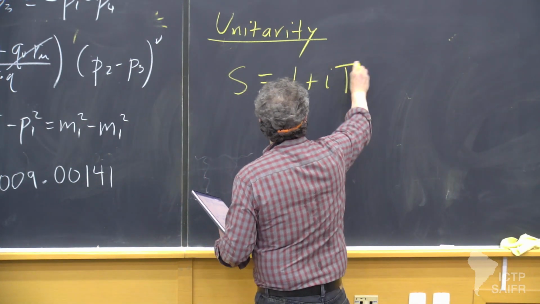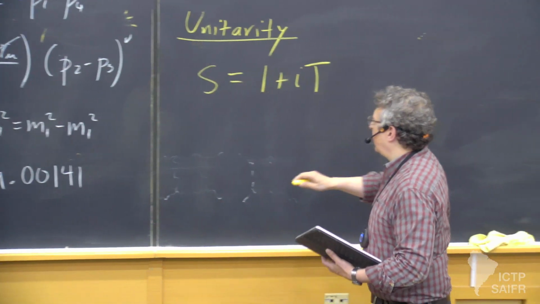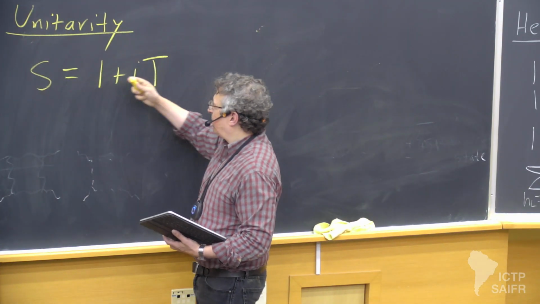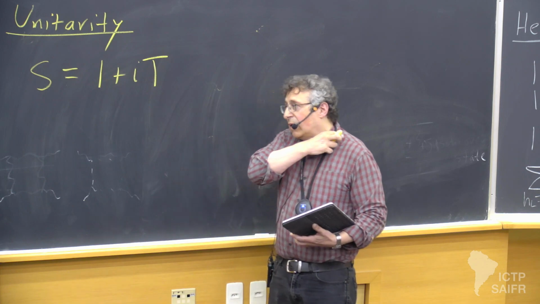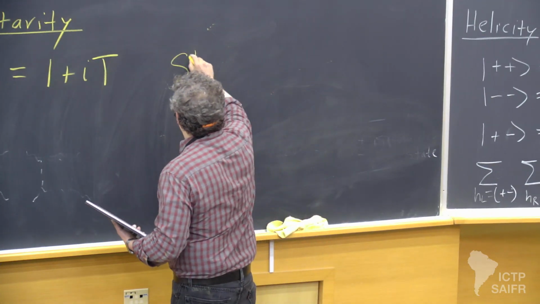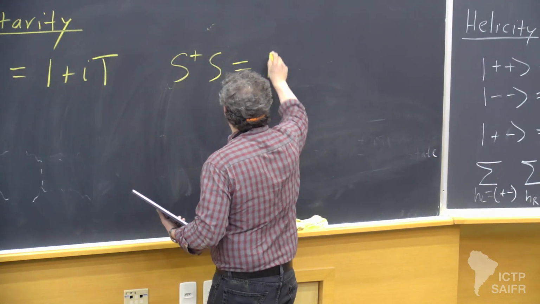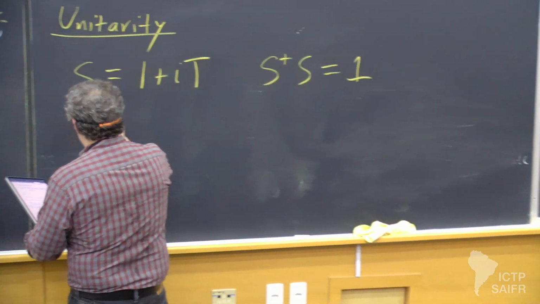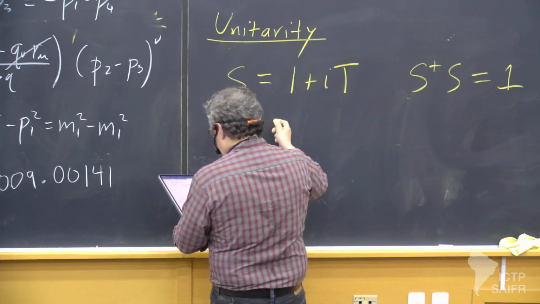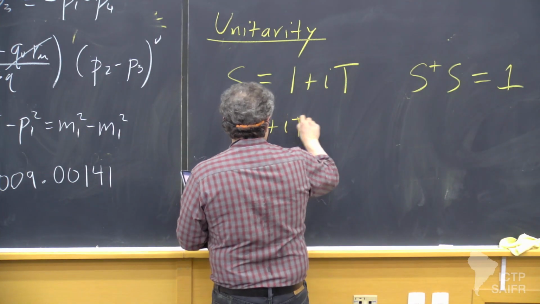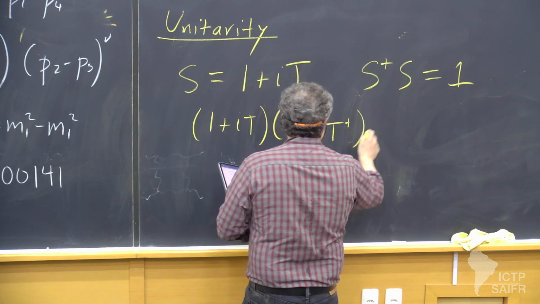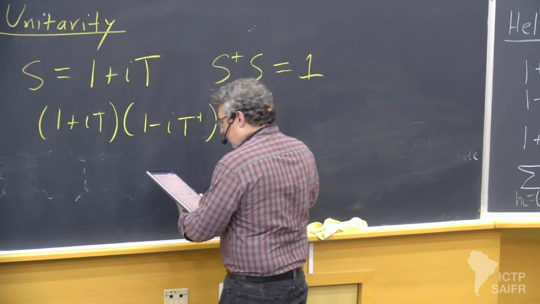Normally the way it's done is you write down the S matrix as nothing happening and then a transition. And then you say, well, this thing is unitary, S dagger S equals 1. And from that, you get a trivial identity of profound importance. 1 minus i T dagger is equal to 1.